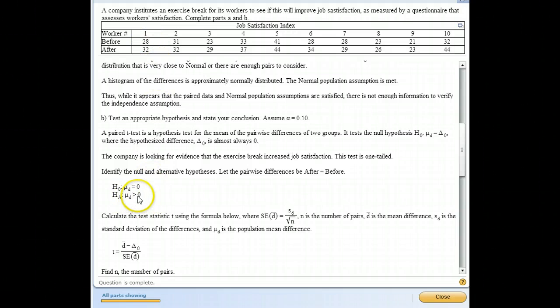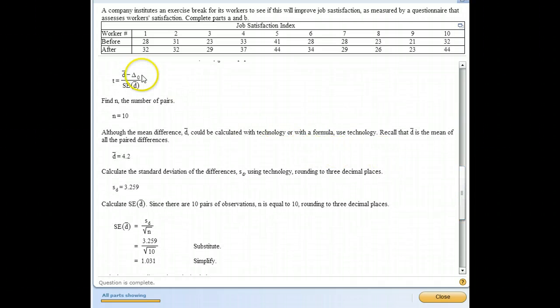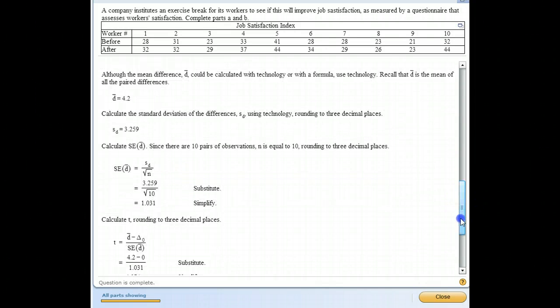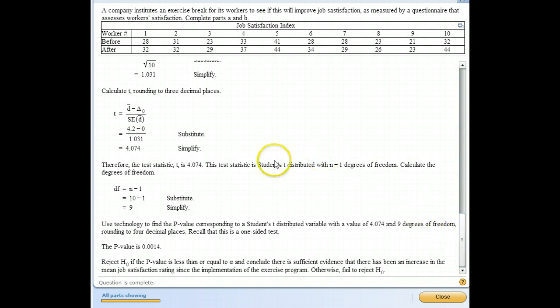So it would be a one-sided test, and it's going to be that the difference is greater than 0. All of the calculation is done here for you in the view and example by hand almost. You can take a look at it and follow through with that. And we hasten to the results, which is here.